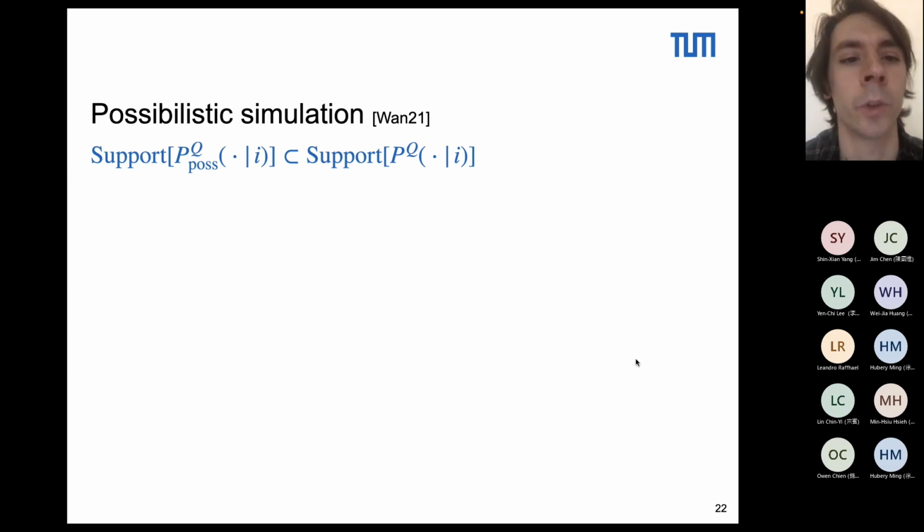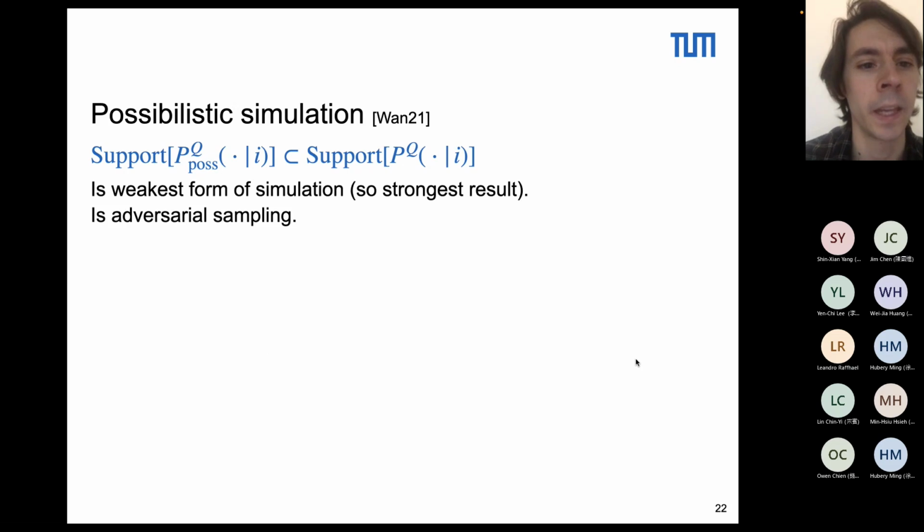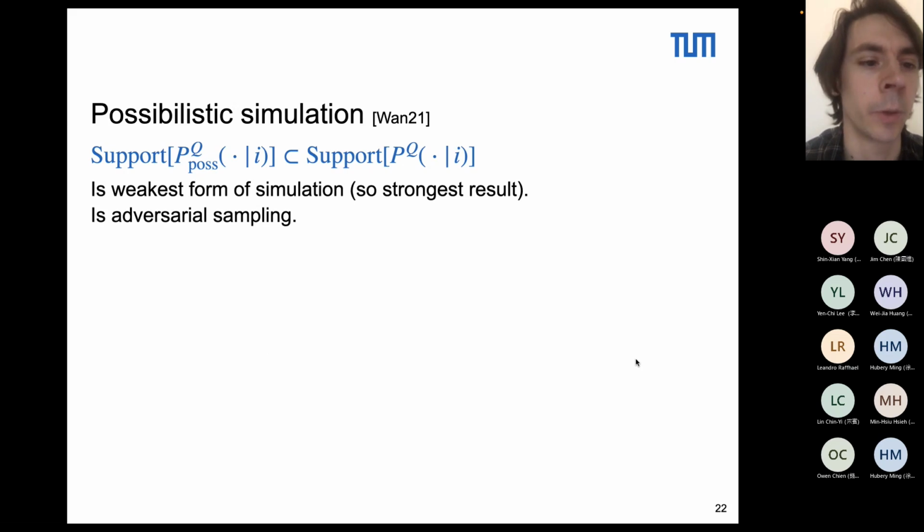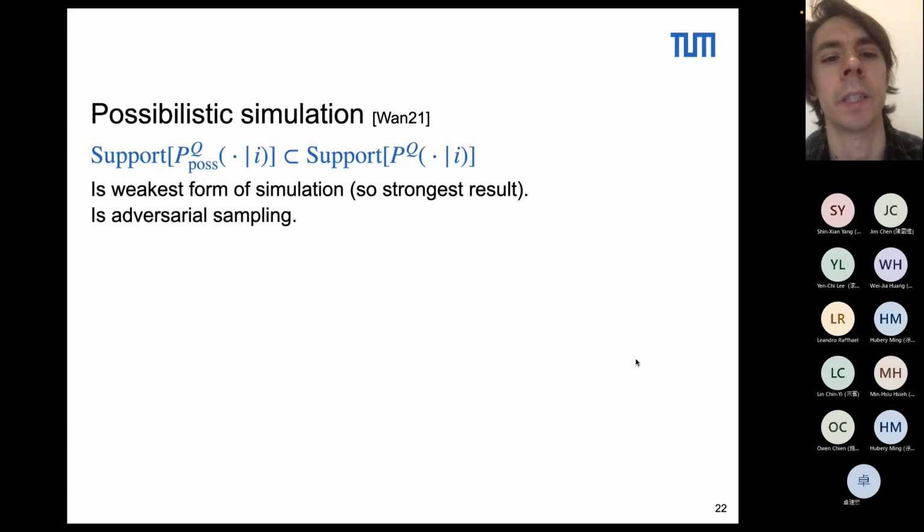So it's a relation problem, input-output. And this form of simulation is the weakest form possible. So it gives the strongest result in terms of separation. And it can be considered as adversarial sampling.